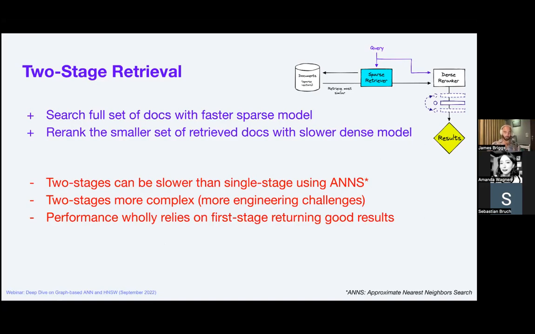So you really are relying on that sparse retriever giving some decent results. Otherwise, the dense re-ranker doesn't have anything to work with, and you're not going to get anything decent from that.